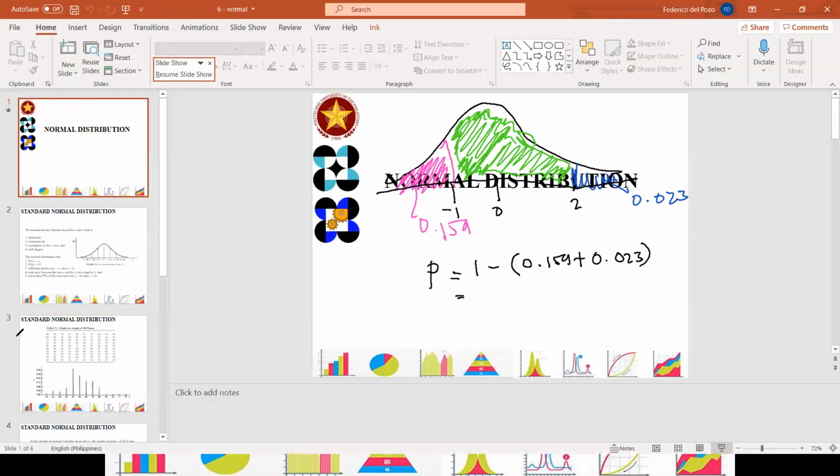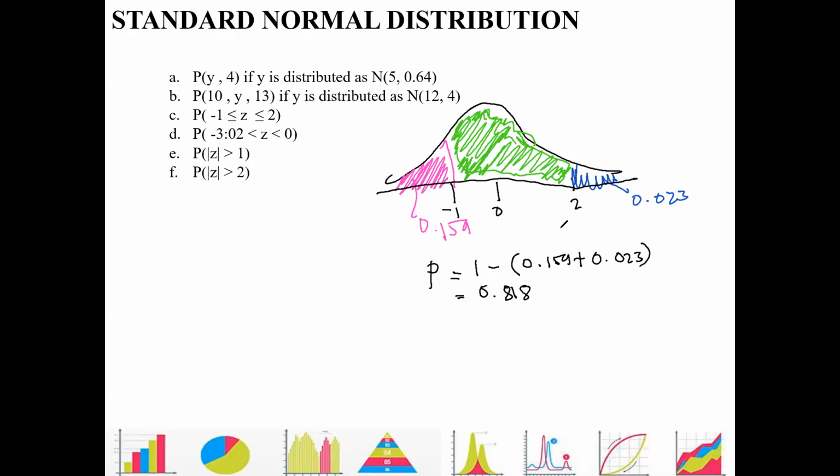Zero 0.818. Okay, nakuha nyo ba yon? Pwede din yung kaninang ginawa natin by transforming itong part na to into sa kabilang side.